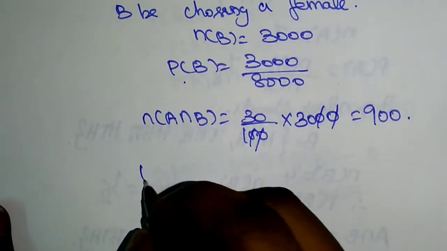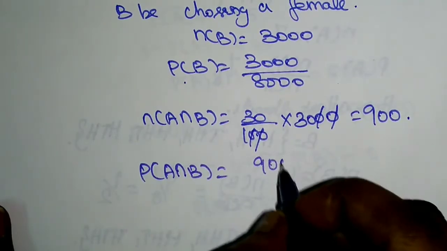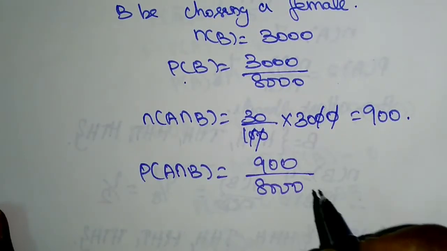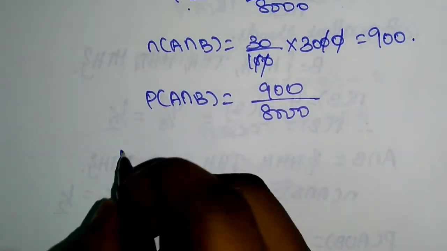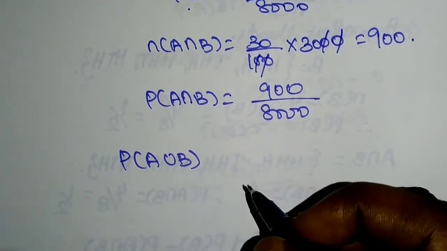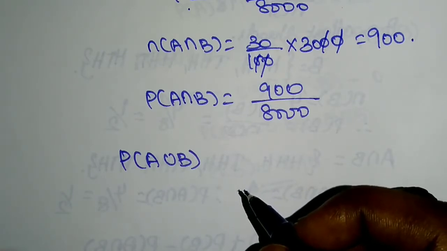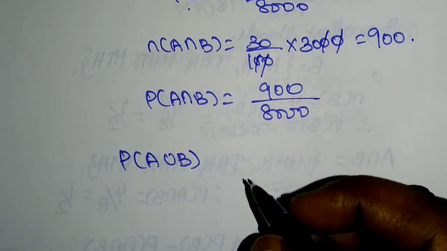So P of A intersection B is equal to 900 divided by 8,000. Now we have to find P of A union B, that means the probability of choosing an individual from the town who is either a female or over 50 years.